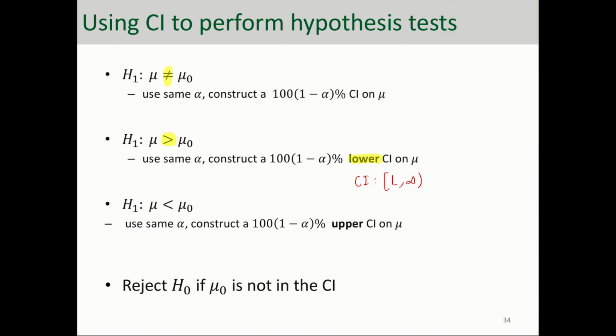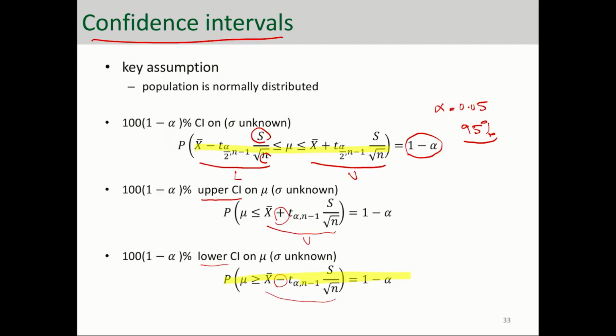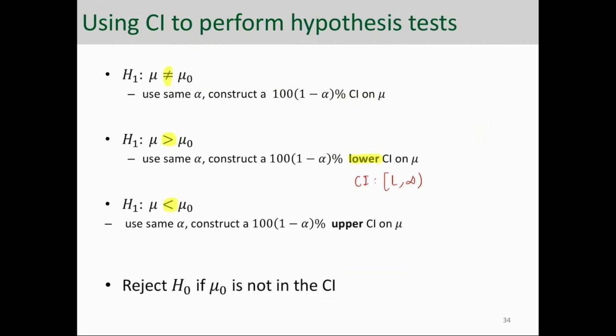And if the test is one-sided with less than, then you have to calculate the upper confidence interval, which is essentially this part. In that case, your confidence interval will be negative infinity, going all the way to some upper limit.